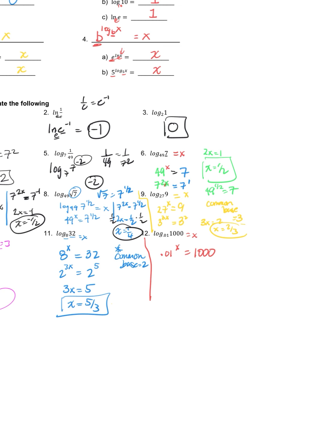That's 1/100 to the x equals 1,000. So now we have to find the same base, so we need to get out of the decimals. We're looking at the 100 and the 1,000, and we have a common base of 10.